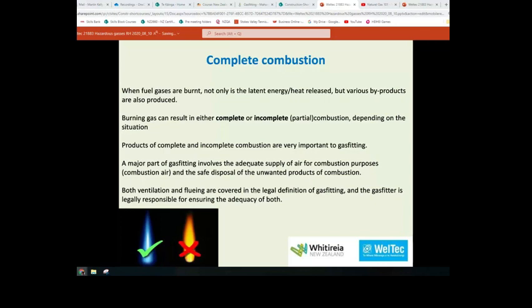You may also see yellowy flames instead of blue flames, floppy flames. So there's a whole heap of visual indicators that tell you that you've got a combustion problem. Usually the main cause is a lack of air getting into the appliance. So even if you're just doing plumbing drain laying, it still doesn't hurt to be aware of these things.